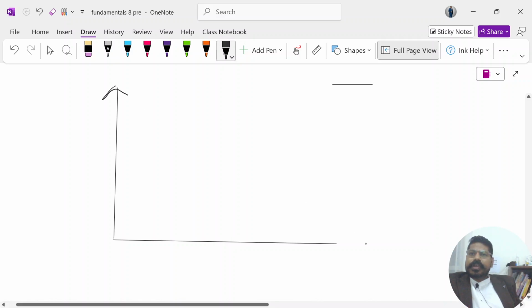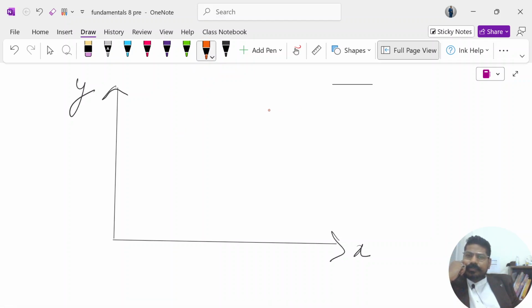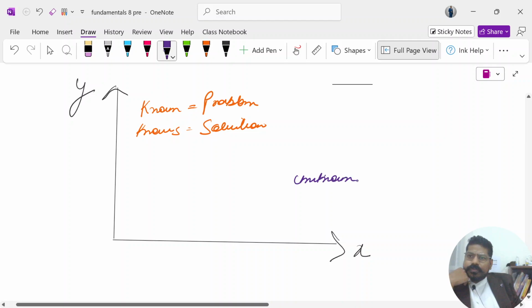Now understand this. You have x-axis. This is x-axis and this is y-axis. Now there are four quadrants: known problem, known solution. Then you have unknown problem, and you have unknown solution.